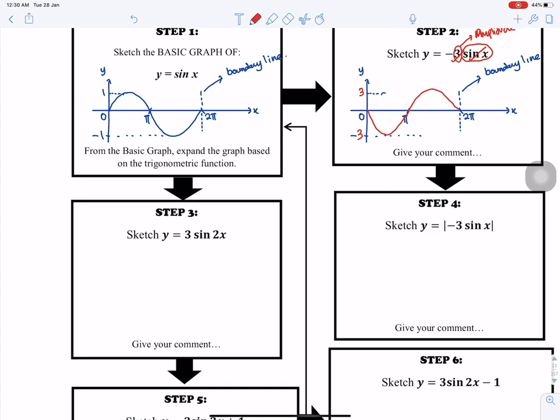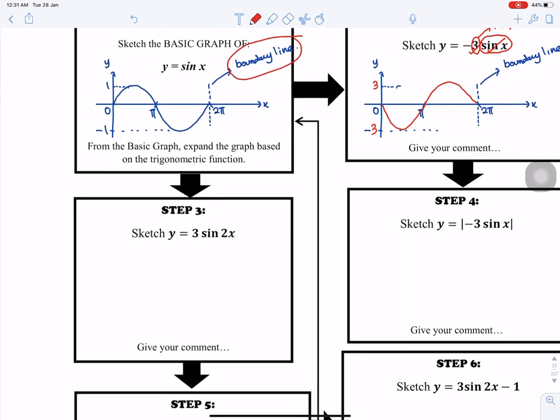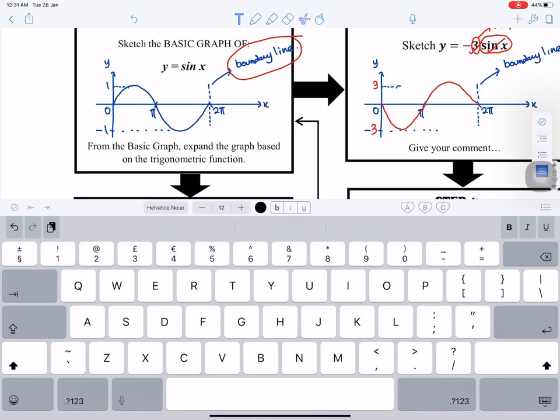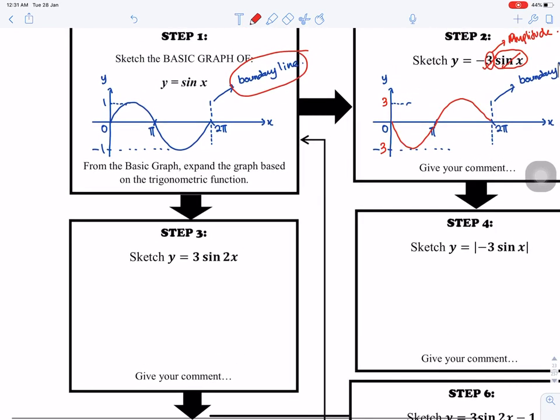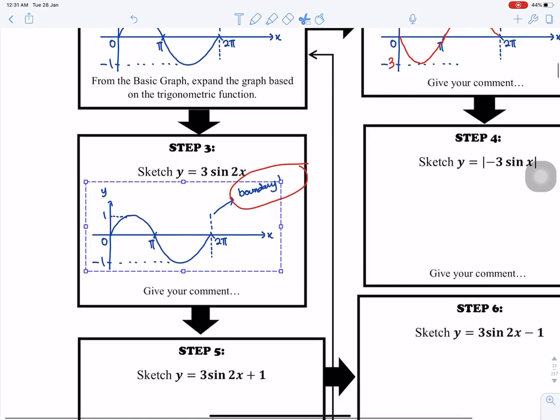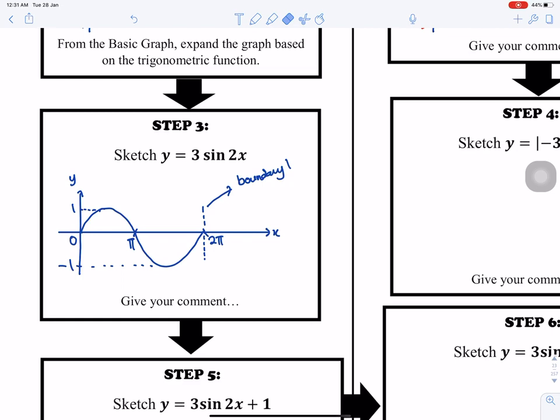Again, from the basic graph, copy. So we get this, which is what we call the importance of the boundary line.